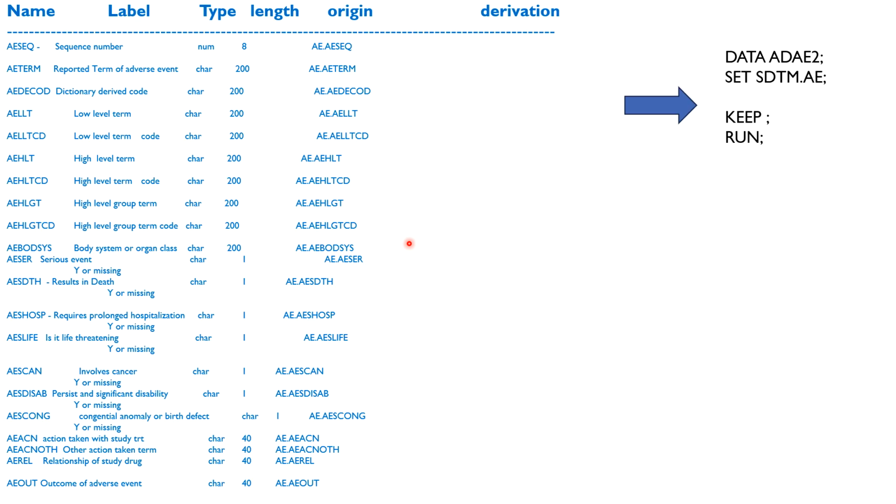So now we have derived the core variables from the ADSL domain in ADaM and the AE variables from the SDTM level. We have completed the core variables and the predecessor variables. How we will derive some other derived variables and specific variables, we'll discuss in the next slide.